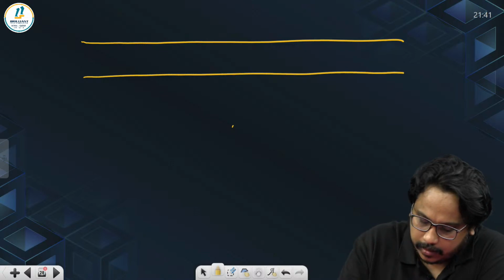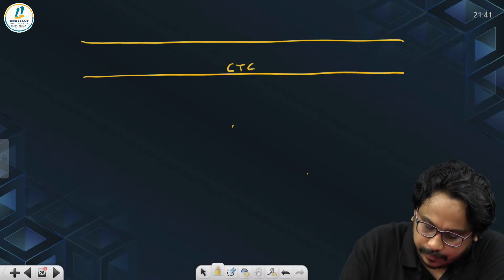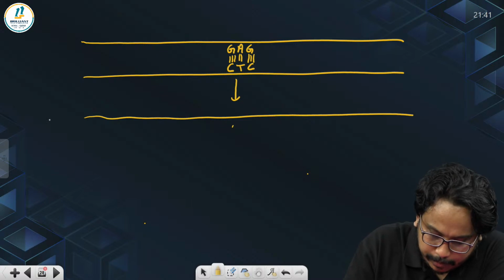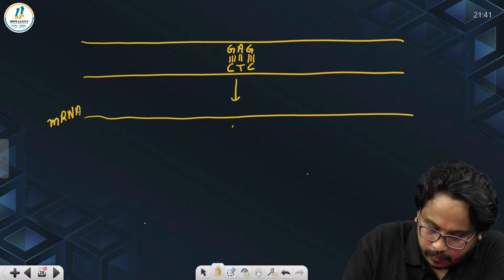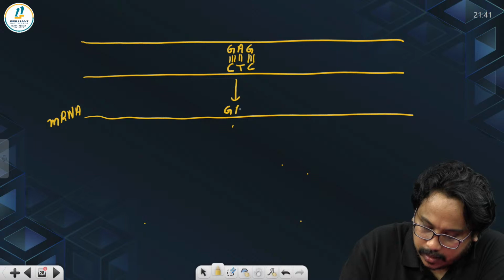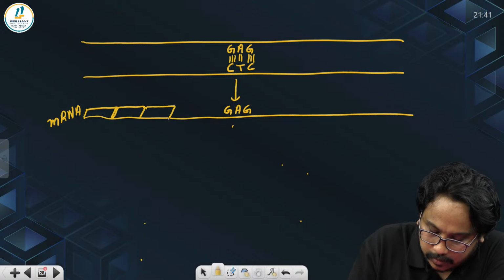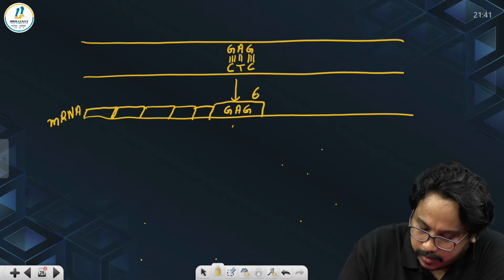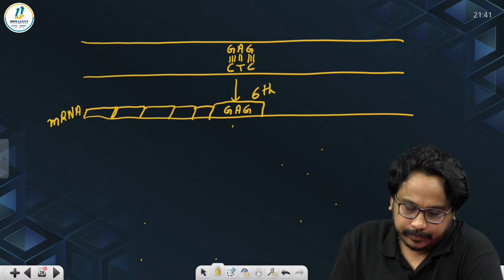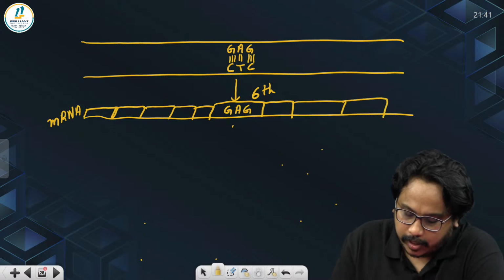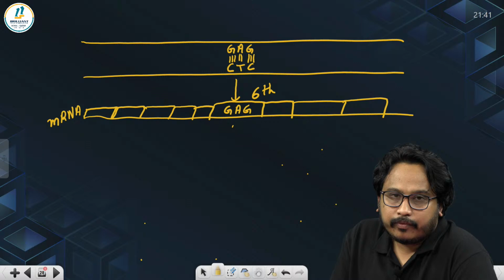So understand, in the DNA, if there is CTC, it will result in the formation of an mRNA where the sixth codon will be GAG. Like this, the first codon will come, second, third, fourth, fifth, and at the sixth position it will be GAG. This is the normal case that will be coding for valine.